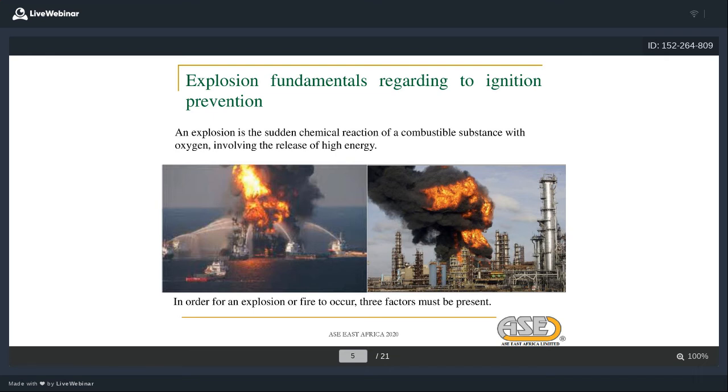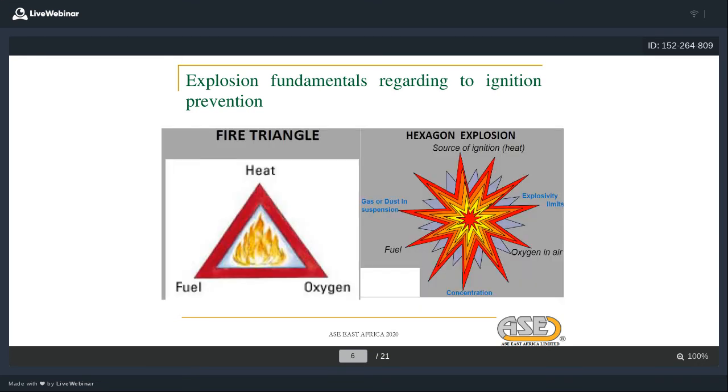And a good example happened in Beirut. And ignition source, we have heat, sparks, flames, and other sources of ignition. What can be caused, for example, by electrical equipment.